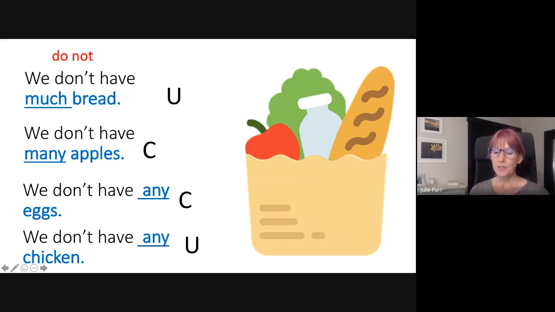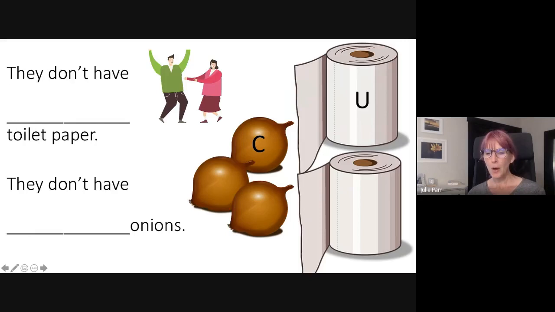I could also say, we don't have many chickens. If I make it plural, the word is now countable. I would need to say, I don't have many chickens. I have 2 chickens. I don't have many chickens. You try.